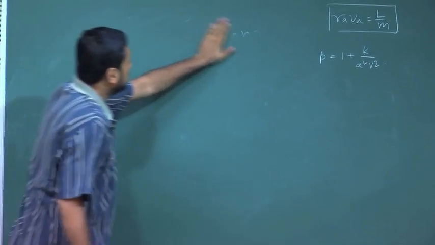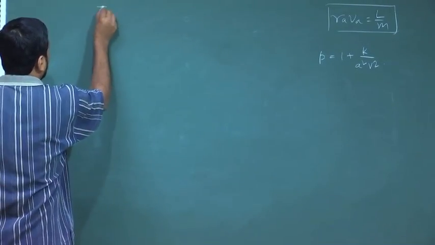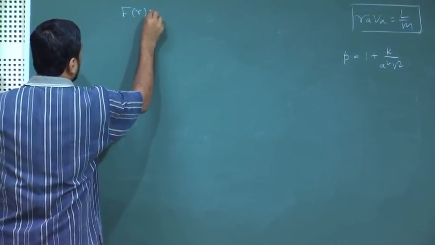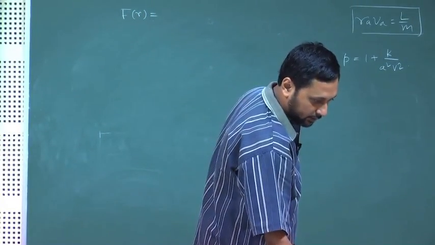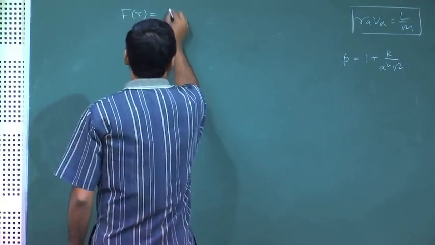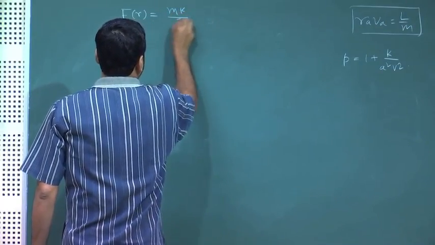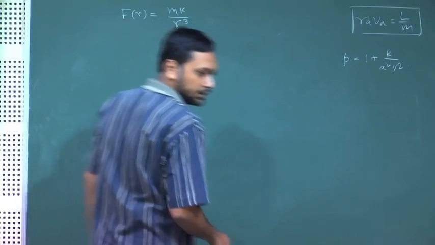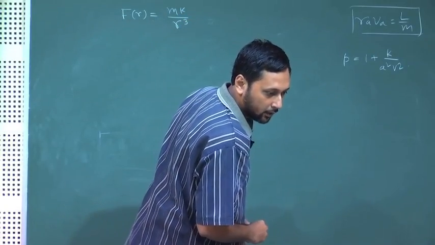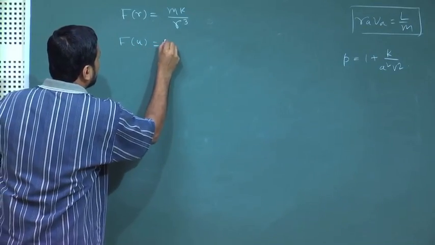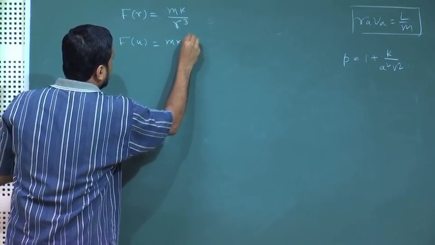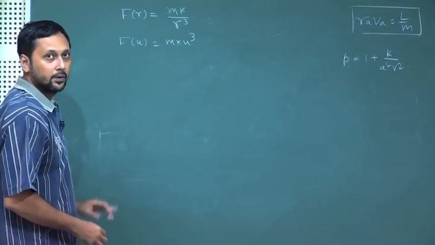So, what is the description of the problem? We have a force which is given by F r equal to, it is a repulsive force, so it will come with a positive sign, m k by r cubed, right. Okay. So, if this is the force, then f of u is m k u cubed. Right.